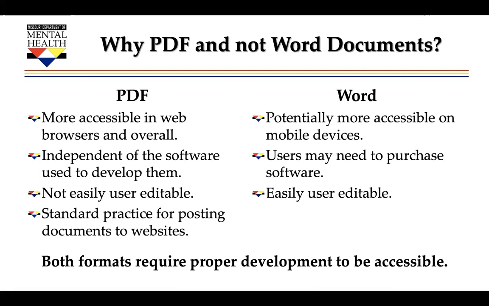What I've seen, and how I was originally taught to provide document accessibility maybe 15 or 20 years ago, was to provide a PDF that had not been remediated for proper accessibility, but then to provide a Word document format as well that wouldn't have the tagging issues of a PDF document that wasn't properly remediated.